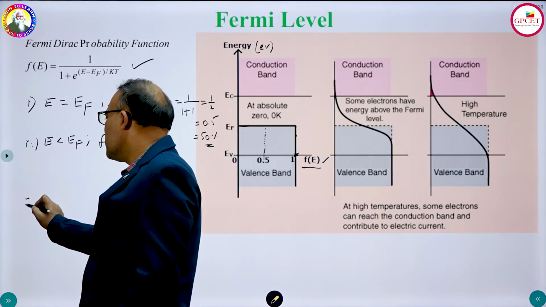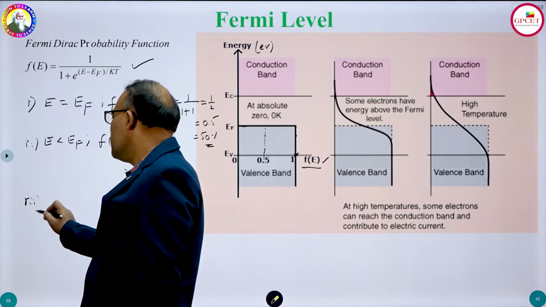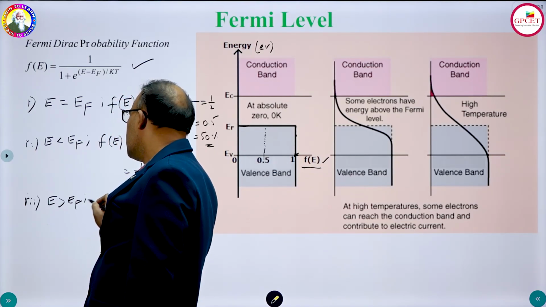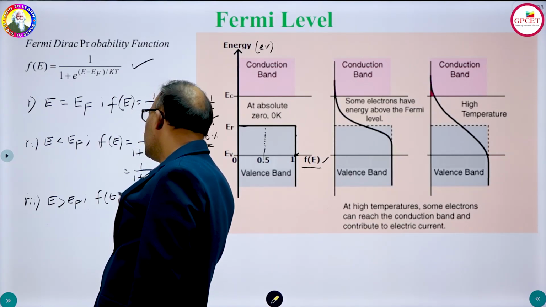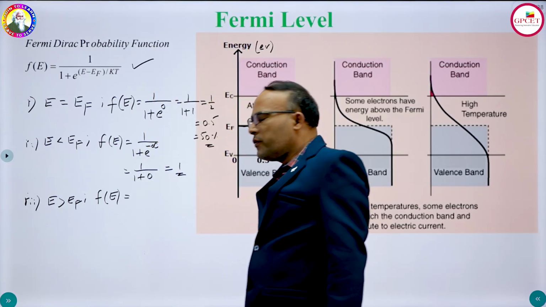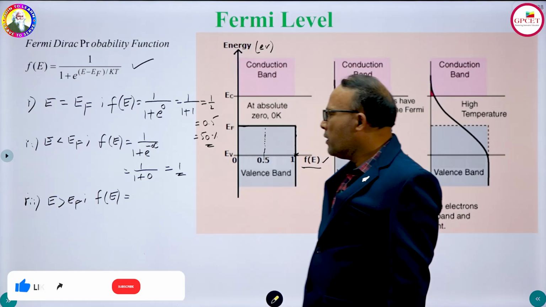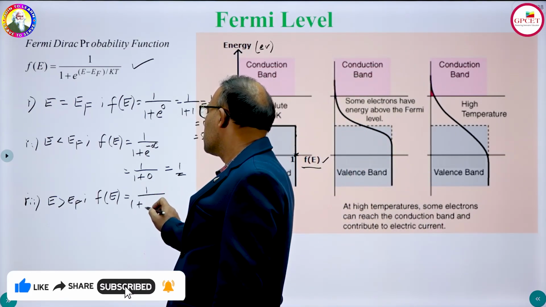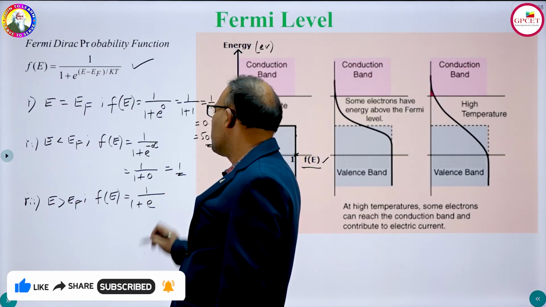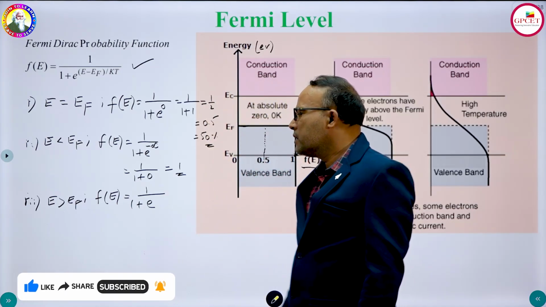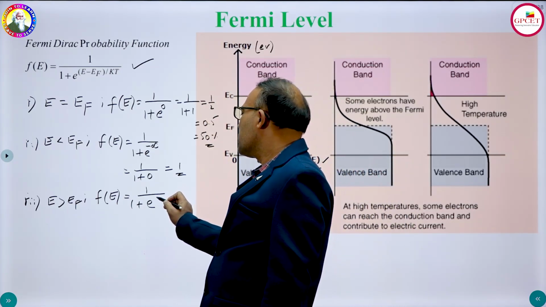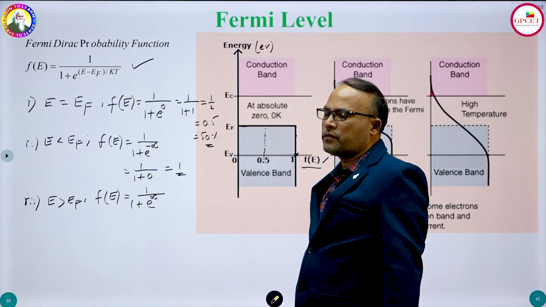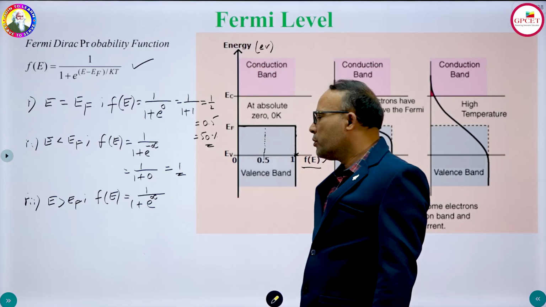And case 3: E greater than Ef, where the probability distribution function f of E is equal to 1 by 1 plus e power E minus Ef. Assume that E is equal to infinity, then you get e power infinity, so infinity minus Ef gives infinity.